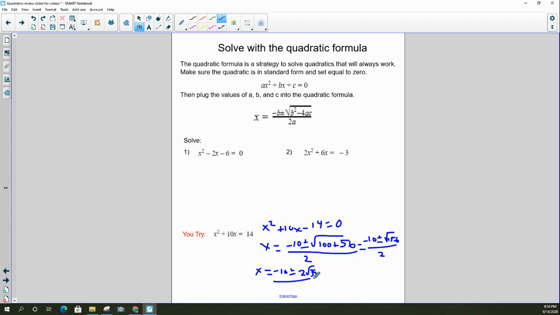And then yes, 2 can simplify into 10, into 2 rad 39, and into 2. So I'm going to get negative 5 plus or minus rad 39 over 1, but I don't need to write that. So these are my final answers: negative 5 plus rad 39 and negative 5 minus rad 39.